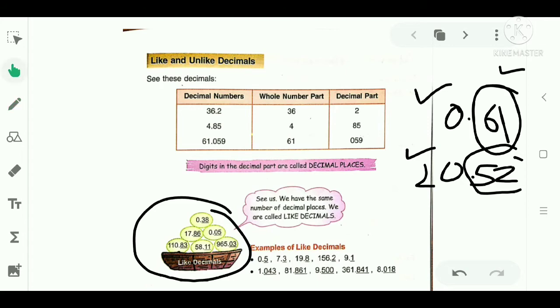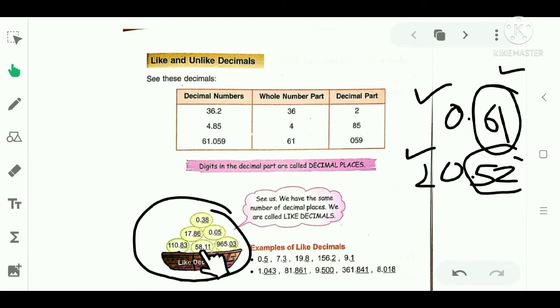All these decimal parts have two digits. After the decimal there are two digits in every number, so these are all like decimals.